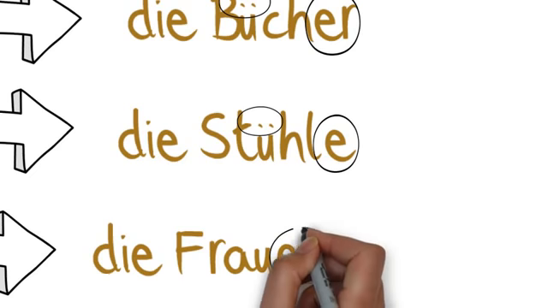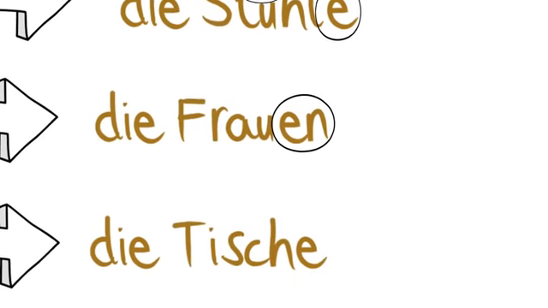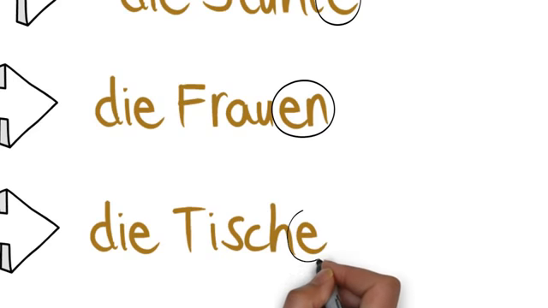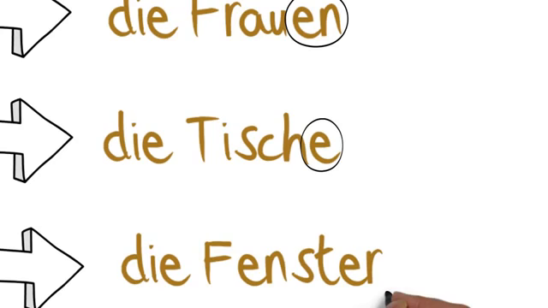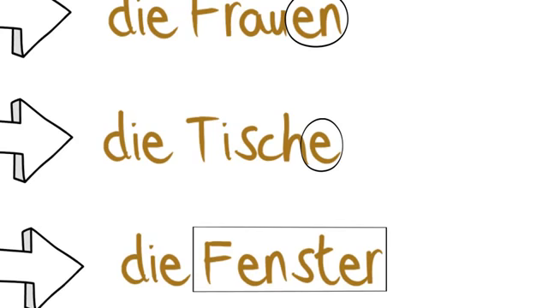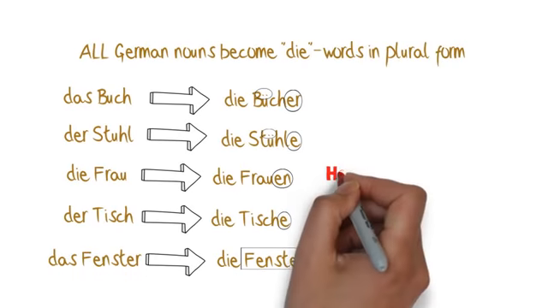Frau added an EN to become Frauen. Tisch added an E and became Tische. And Fenster didn't add anything. It just became die, like all plural nouns do.